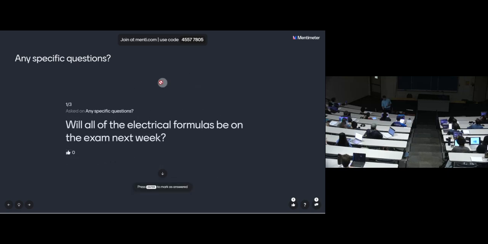Will the formulas be on the exam next week? Yes, that equation sheet that you can find in the Unit 1 module on Canvas will be exactly what you have on the exam next week. So yes, please be aware. I did tell you something that was incorrect. I have decided to let y'all write on your exams this time.